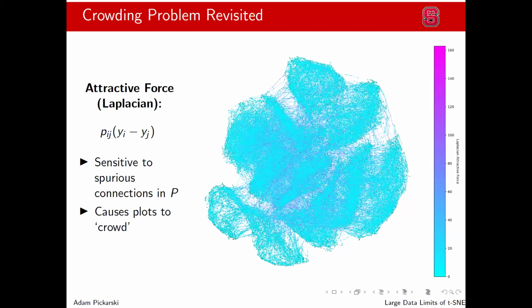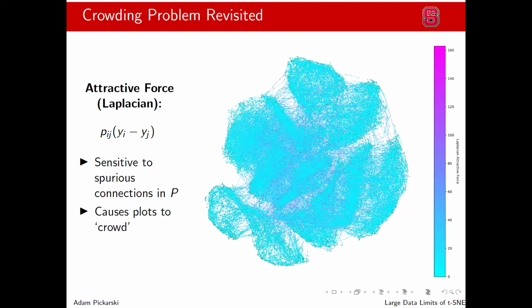You can't do it with KNN, right? And so your graph that you're going to embed later has these false positives, if you will, which will try to spread out but can't, because the attractive force scales linearly with the distance. So as they try to separate, they get pulled back stronger and stronger. And this makes the plots seem really crowded.